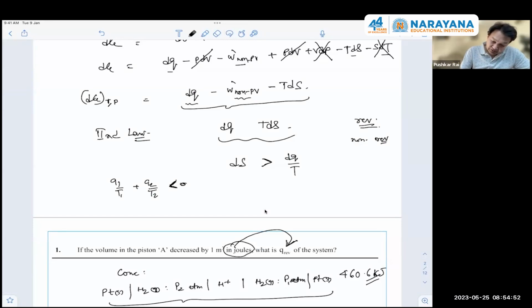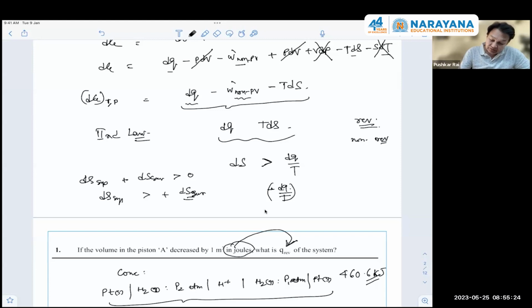So from there. And the shortcut, if you just forget it, is to do it the proper way: simply write dS system plus dS surrounding is always greater than 0. That means dS system is always greater than minus dS surrounding. And we know that dS surrounding is nothing but minus dq by T, and this minus will become what?